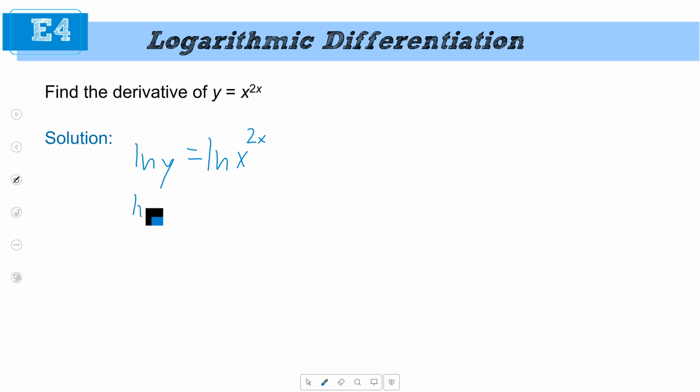Now we move it out in front. He's got it.